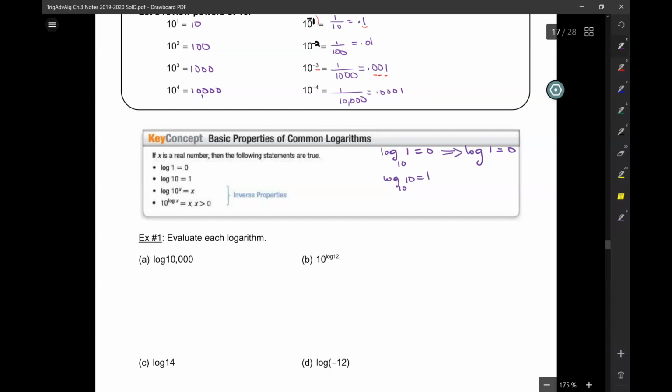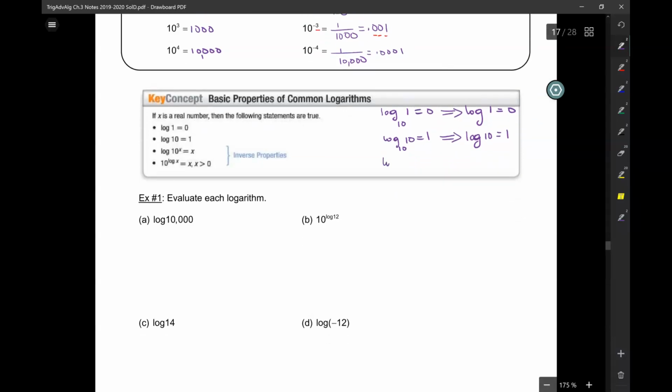A 1. So I can rewrite that as log of 10 is equal to 1, right? And if I see it like this, there is no base here, I know that there is a hidden 10. So I say to myself, oh, 10 to the what is 10? 1. Okay?